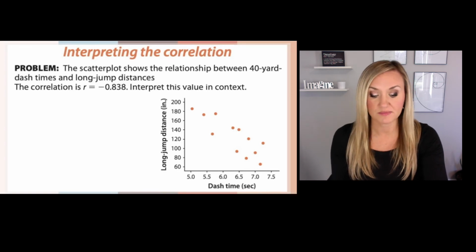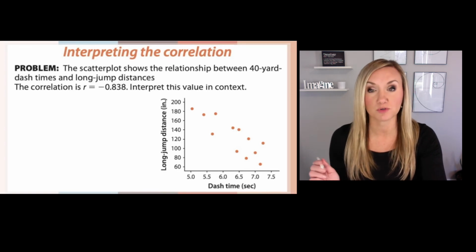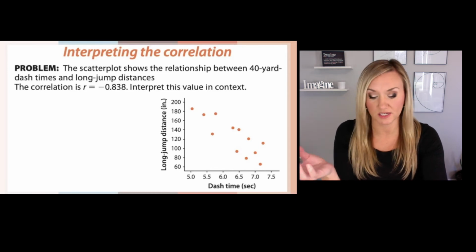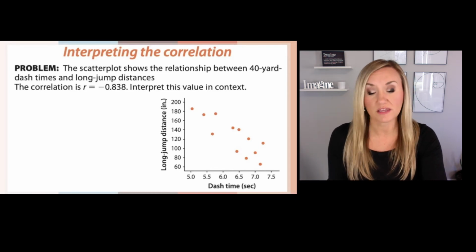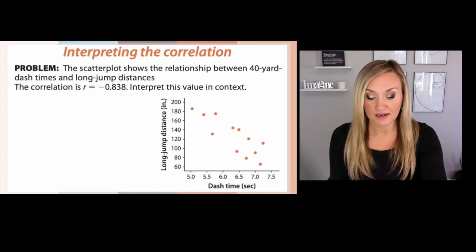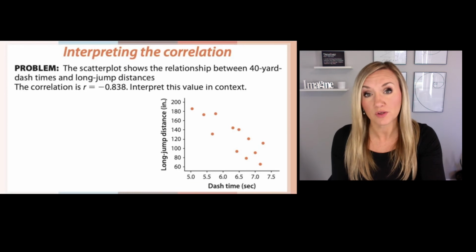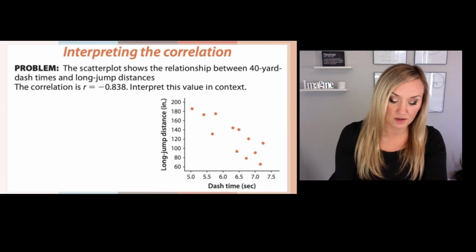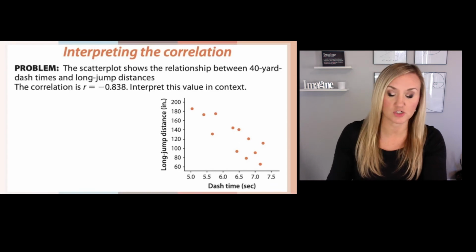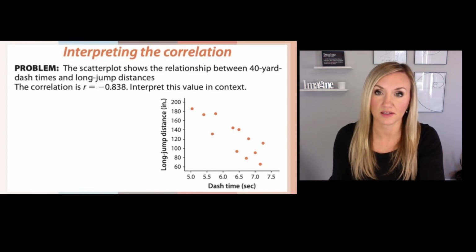So for this problem, the scatter plot shows the relationship between a 40-yard dash and a long jump distance for a particular person. The correlation is negative 0.838. And I'd like you to interpret the value in this context. So we need to write a sentence that represents the correlation and what this scatter plot is telling us.